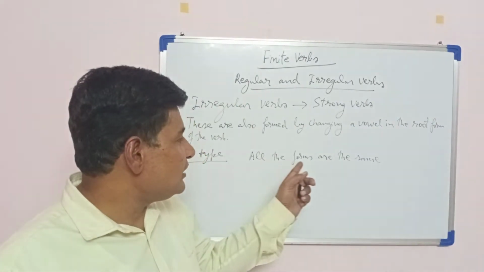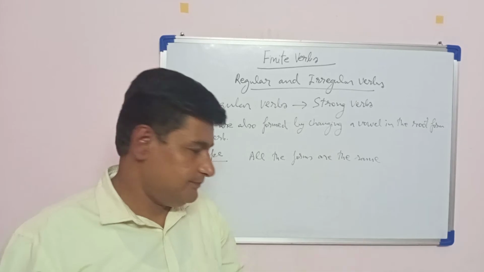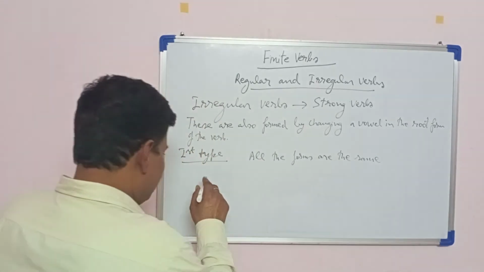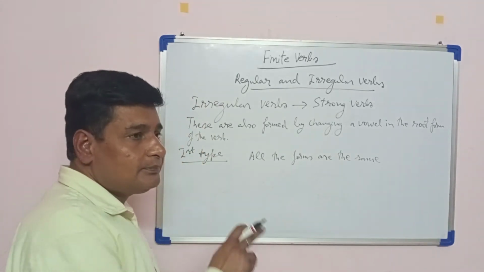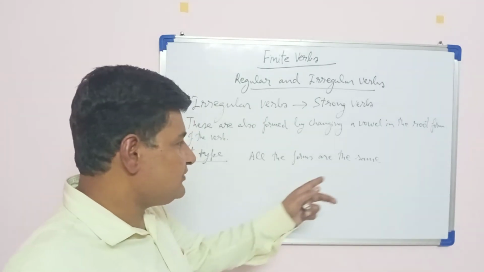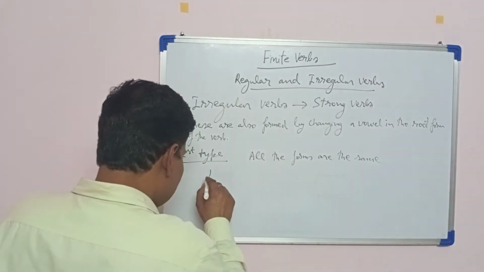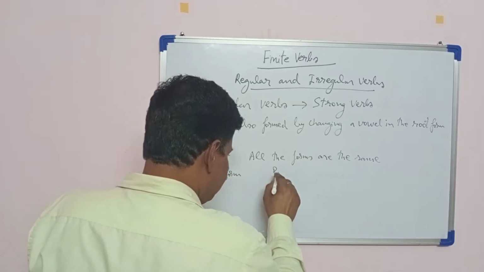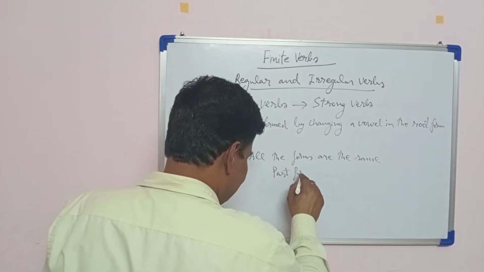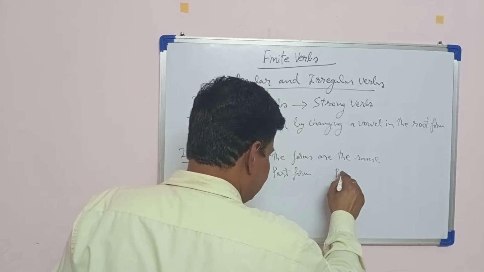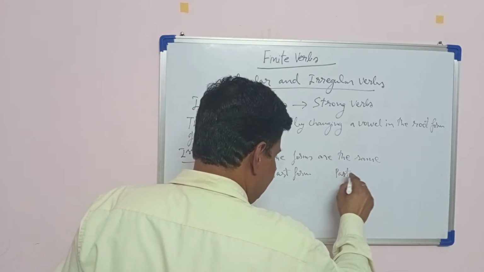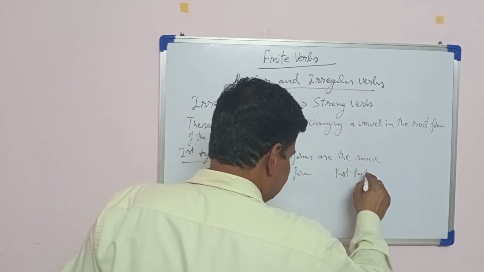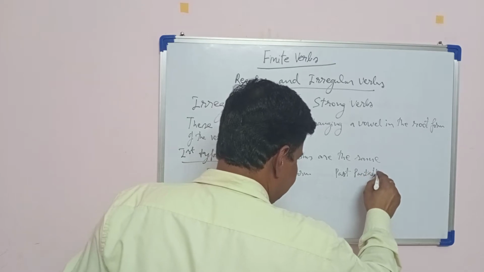In these, all the forms of the verb are the same. First form, past form and past participle form. So this is the first form, past form and past participle form.